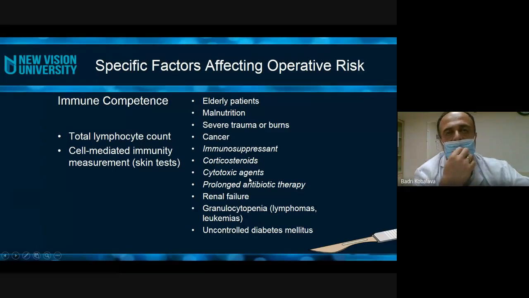Corticosteroids: sometimes it's necessary to continuously give the patient corticosteroids orally or intramuscularly or intravenously. For example, it is necessary with a transplanted organ or rheumatological autoimmune diseases to suppress autoimmunity.